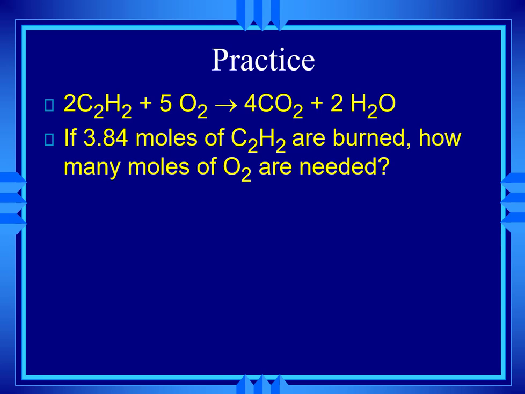Well, it should be pretty easy. I start off with writing down what they told me. I want to change, what do I want to change? I want to change the moles of C2H2. So I write the 3.84 moles of C2H2.